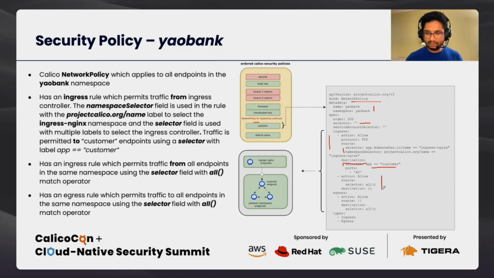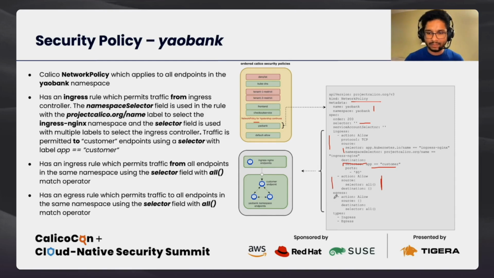If you look at the second ingress rule, what this means is that all endpoints in the Yao Bank namespace can receive traffic from all other endpoints in the Yao Bank namespace. Given that this is a network policy and we've not specified selectors, all endpoints can receive traffic from all other endpoints. And the egress rule is similar as well.